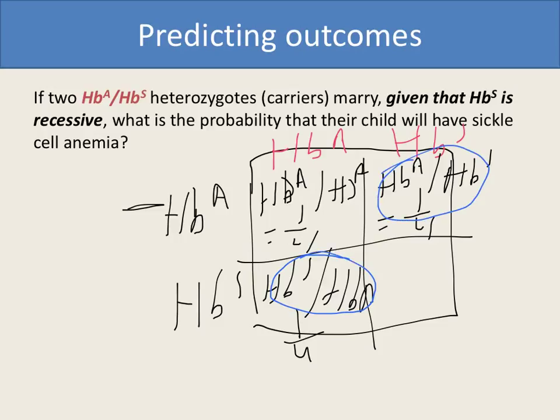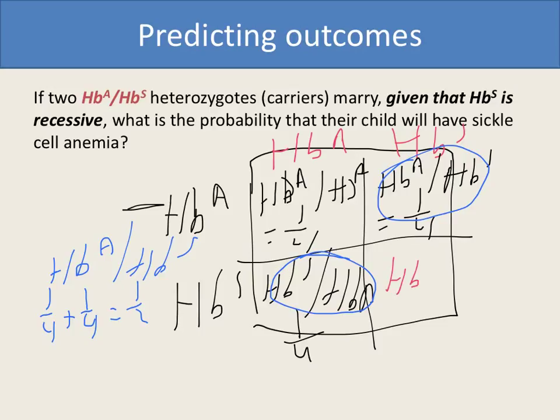These are heterozygotes, so we basically have HBA, HBS for the heterozygotes. And 1/4 plus 1/4 equals 1/2 heterozygotes. And then for this last one, we start with HBS and HBS, and we end up with HBS, HBS, which will not breed, and that's 1/4 as well.